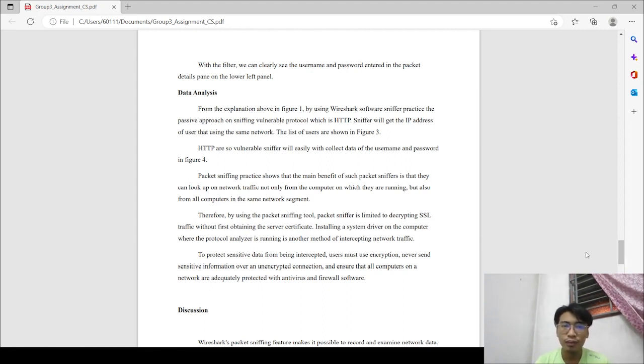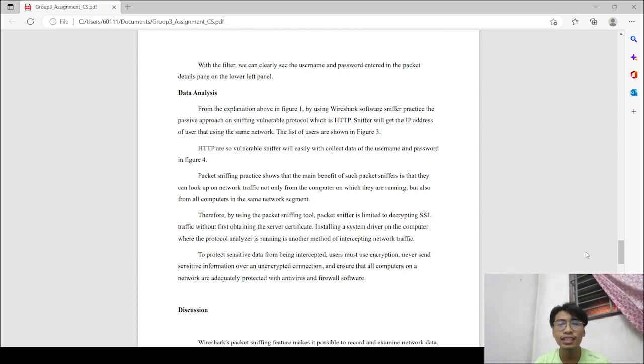As from Figure 1, the practice of sniffing is what we call passive sniffing, in which the sniffers only take a look at the logs and gather information such as password and username.